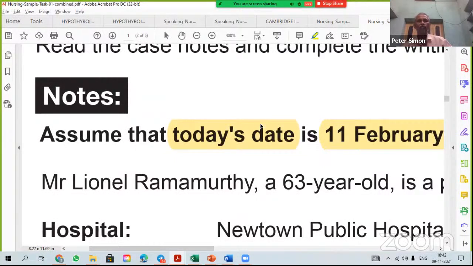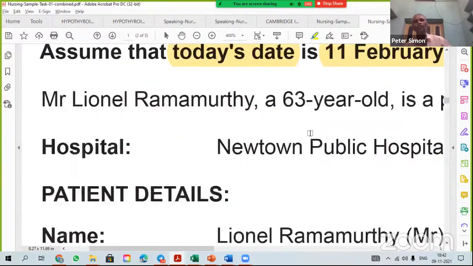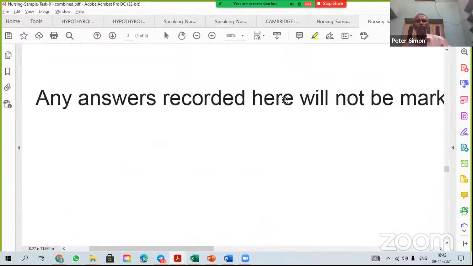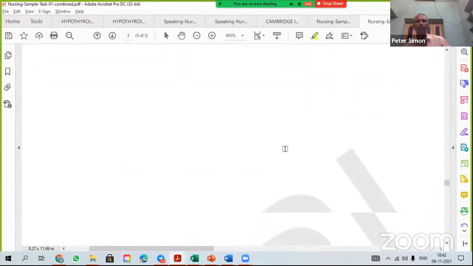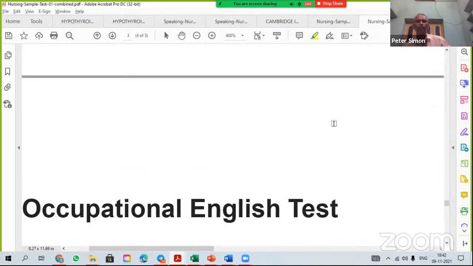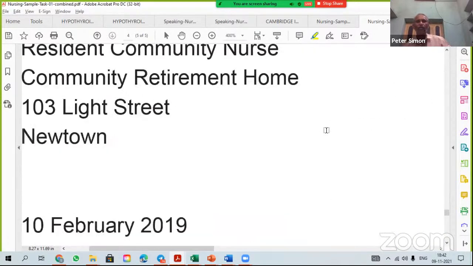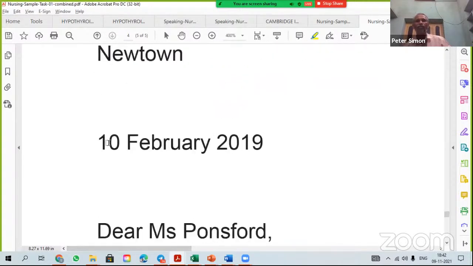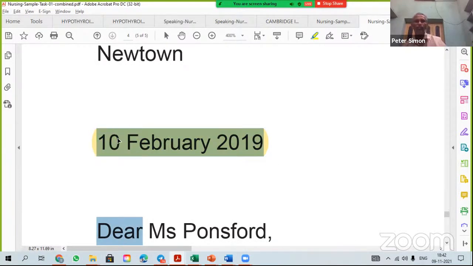Let us see in the sample letter what they have given. Is there a mistake there also? Okay. Yes, 10th February, they have given. So this is today's date. I am telling you, 10th February. So today's date is 10th February.